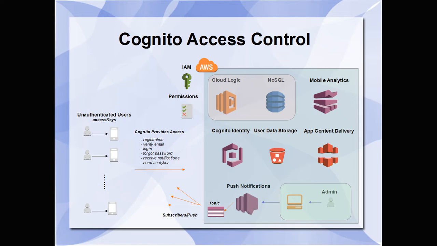Okay, so in addition, inside Amazon, I have a root account and I have a user who has administrative capability, and that administrative user here can use a dashboard to configure push notifications and create a topic. A topic which maybe the mobile application, when it starts up, subscribes to.